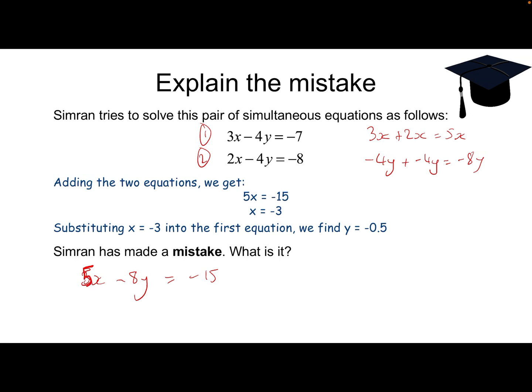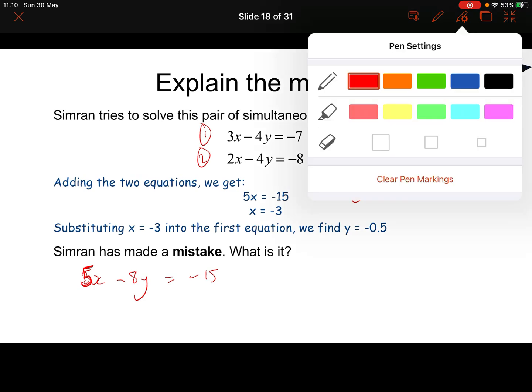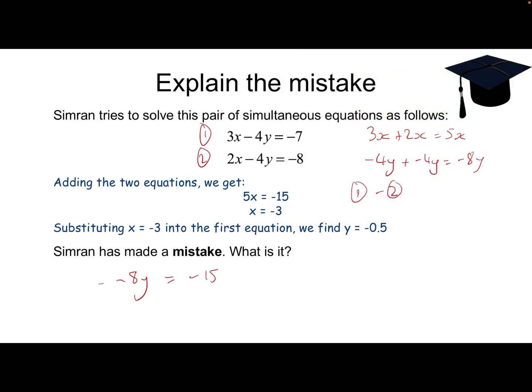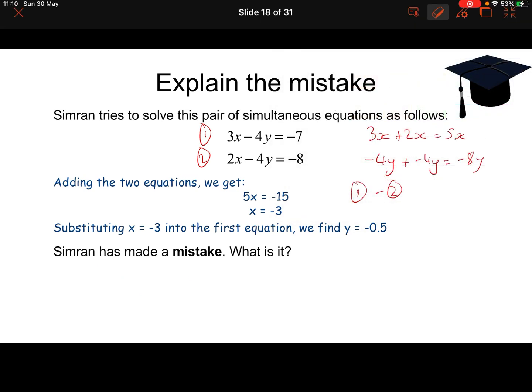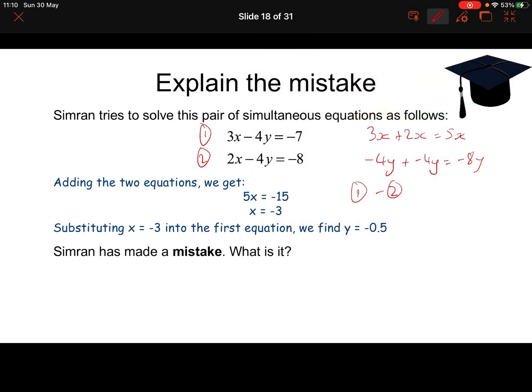So the mistake he's made is already clear. He should not have added the two equations. You shouldn't add the two equations because minus 4y plus minus 4y is not nothing. He thought that was nothing, but it's not. That's minus 8y. In fact, what we should have done is equation 1 minus equation 2.